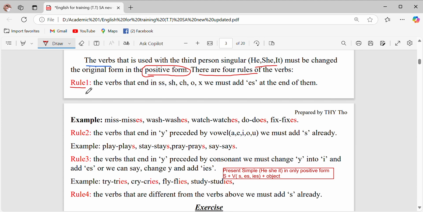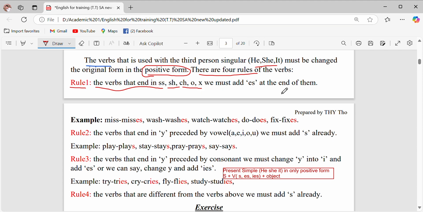Rule number one: the verbs that end in double s, sh, ch, o, or x. Again, for a verb that ends in ss, sh, ch, o, or x, we must add es at the end.